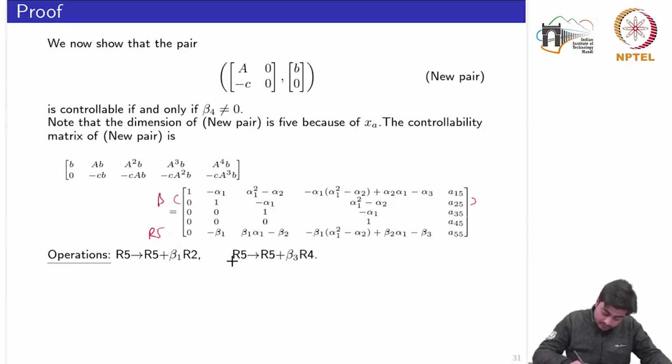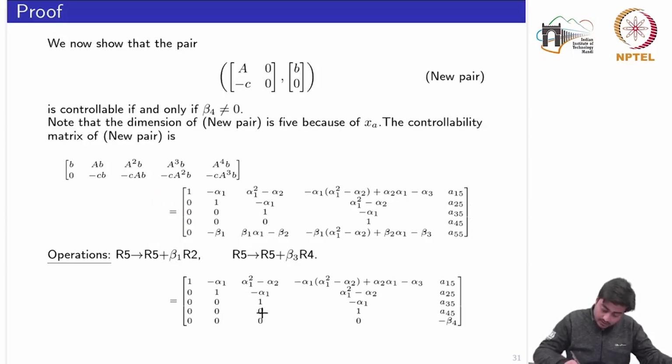This is our first operation. The second operation is that we multiply the fourth row by beta 3 and add it again to row 5. Doing these two elementary row operations, we obtain this controllability matrix.